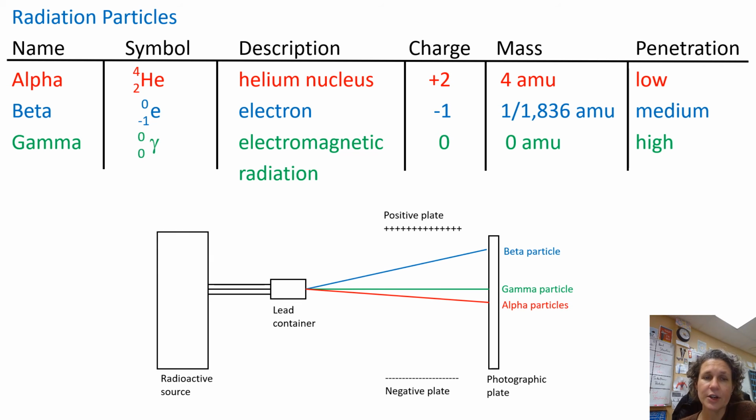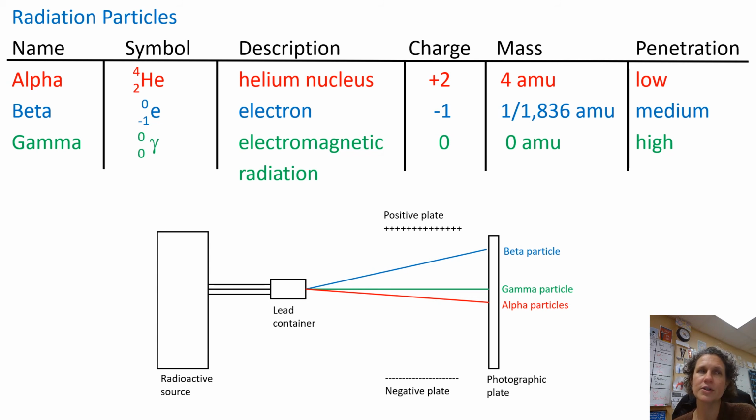Okay, so we have these radioactive particles, alpha, beta, gamma. Alpha is what I have there in the red. It's typically written as He, isotope notation with 4 and 2 for mass number and atomic number, similar to a helium nucleus because of its size. It has a positive 2 charge, a mass of approximately 4, and then very low penetration power. So that basically means that it can't get through a lot of different substances.